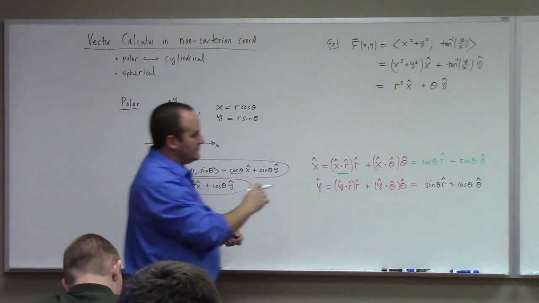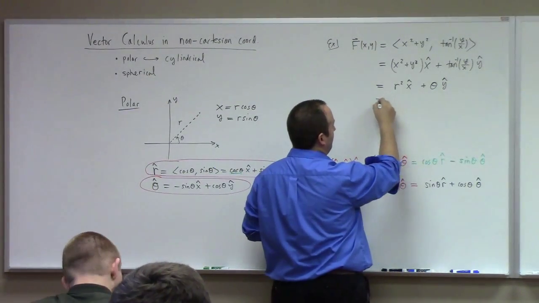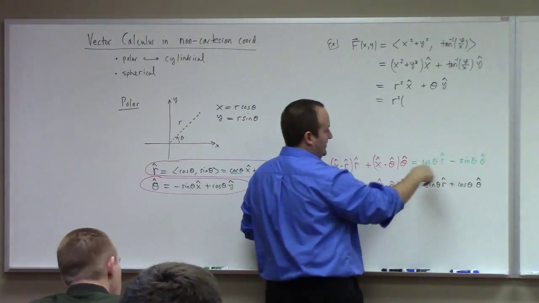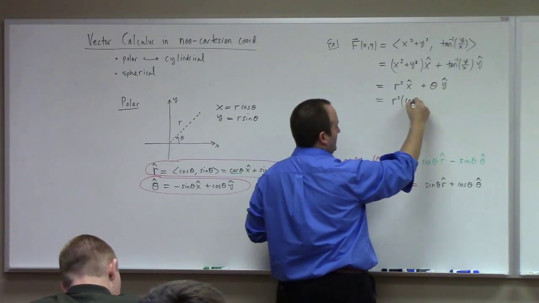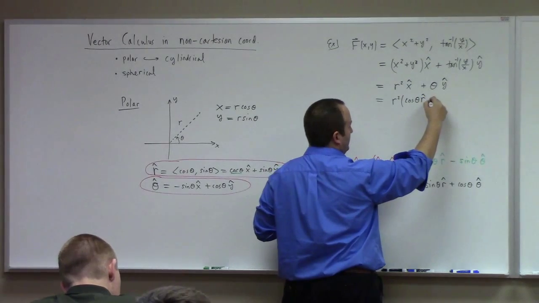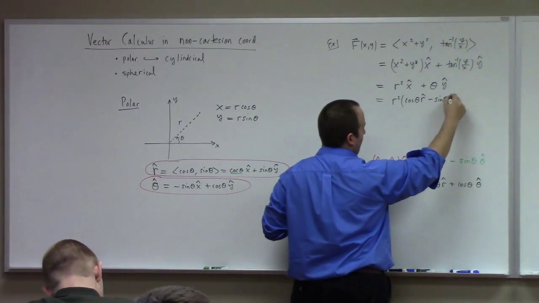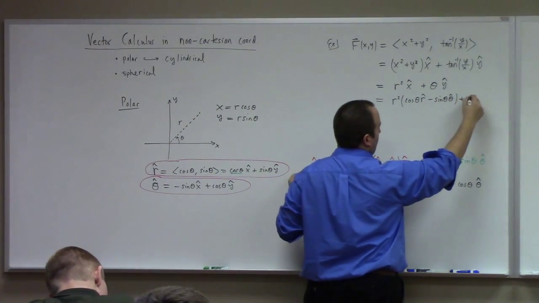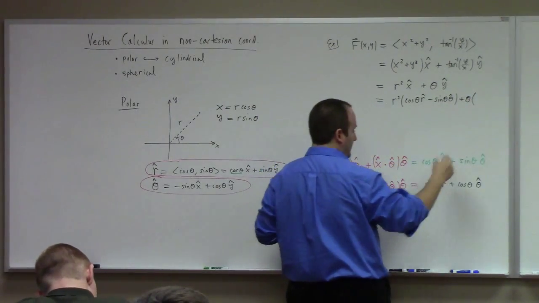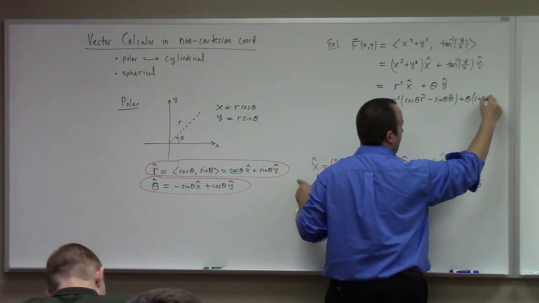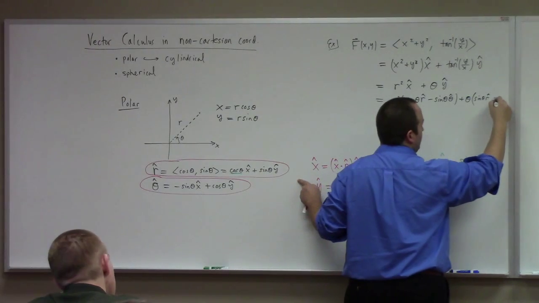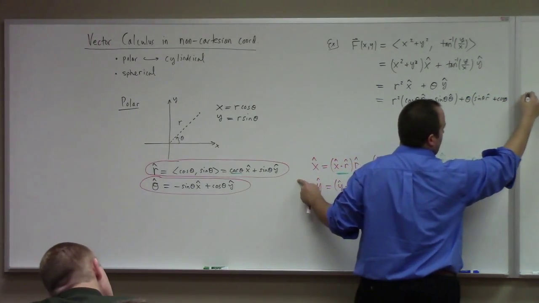Now that I have those, right, I can put those up in here. What do we get? x hat apparently was cosine theta r hat minus sine theta theta hat, plus y hat, which is sine theta r hat plus cosine theta theta hat.